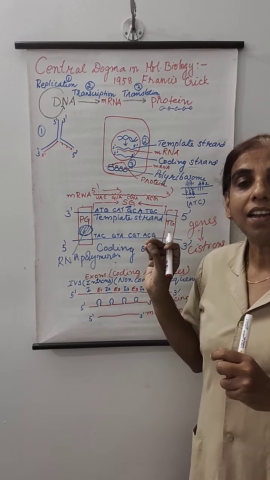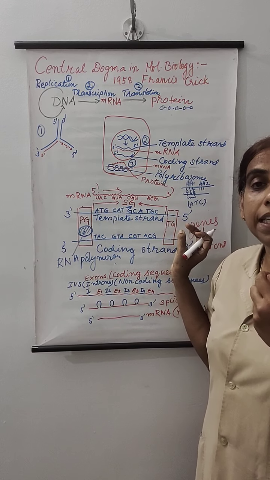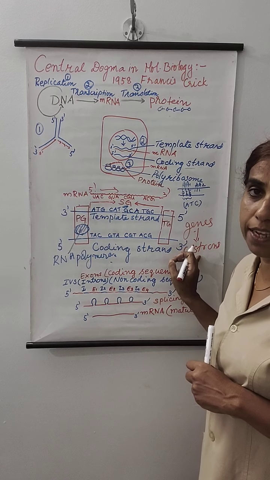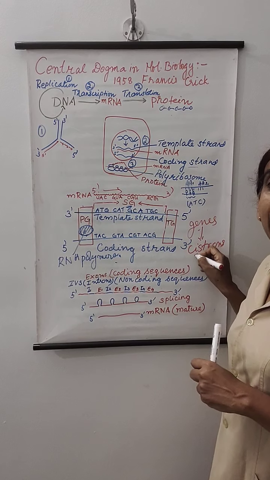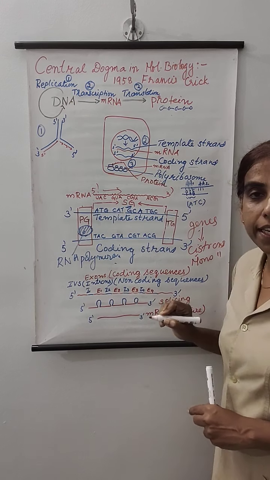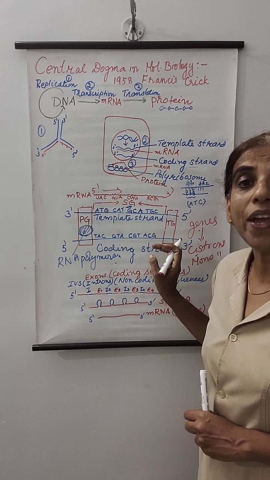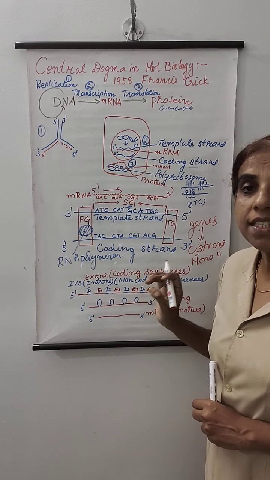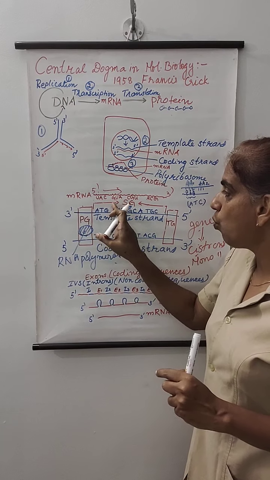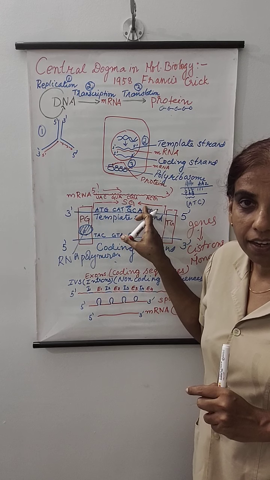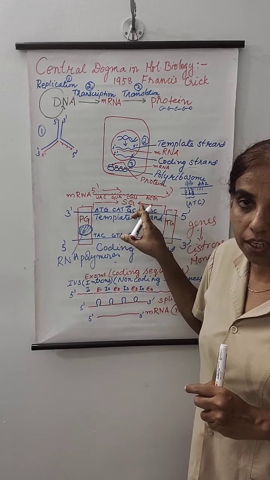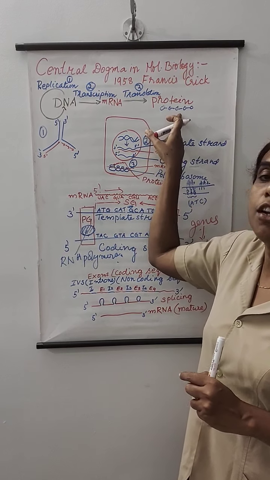Cistrons are of two types, polycistronic and monocistronic. In the case of eukaryotic organisms, the cistrons are always monocistronic. What is the meaning of monocistronic? Mono stands for one. That means one structural gene will produce one protein.